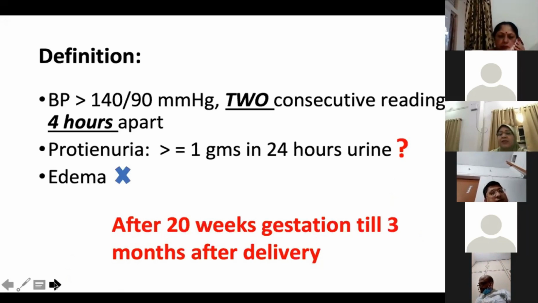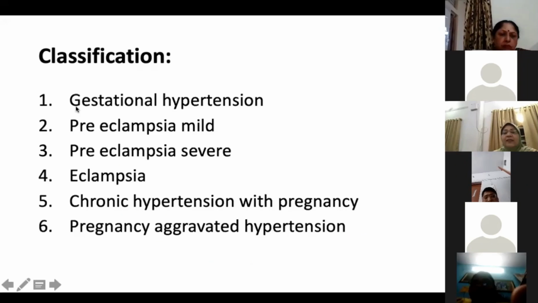It has been noticed that some women will develop a fit or a convulsion even before proteinuria happens. Only hypertension without any proteinuria or any other target organ damage is gestational hypertension.